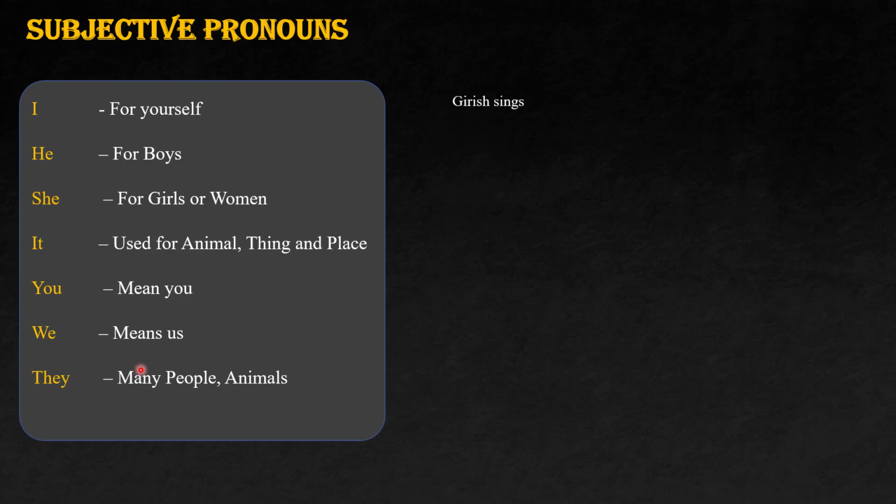We'll see some examples. When it comes to a noun, Girish, the sentence is Girish sings. If you would like to convert this sentence into a pronoun sentence, Girish is a boy, so it becomes he sings, right?